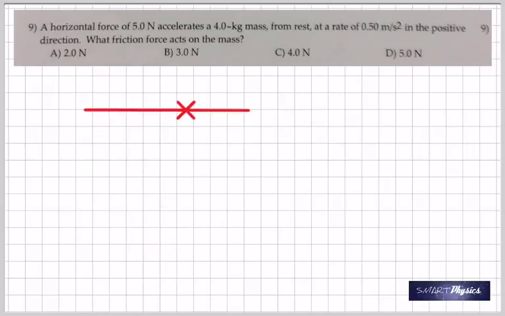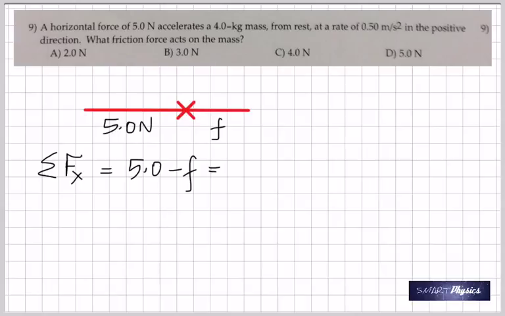And in the ninth one, a horizontal force of 5 Newton accelerates a 4 kilogram mass from rest at a rate of 0.5 meter per second squared. What's the friction force? Straightforward, direct question. You see the horizontal force and you see friction. So the net force should be 5 minus friction, which should be equal to mass times acceleration.